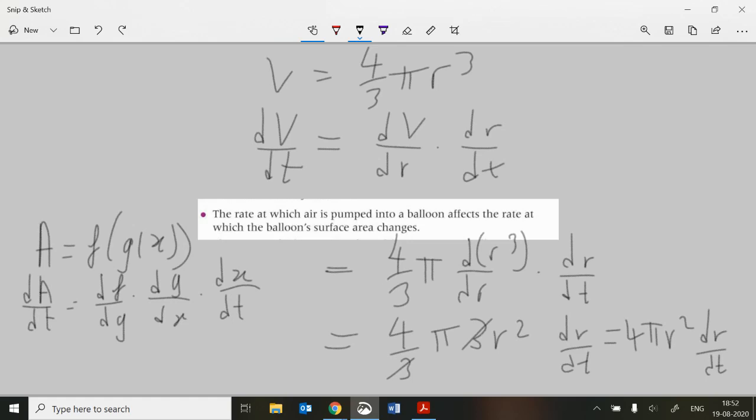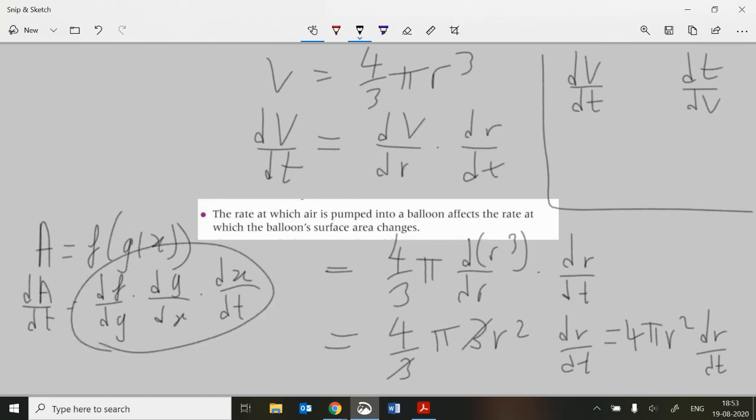Another little point, which the book doesn't mention but might be useful at some point for you, is that if you want to know what dV/dt is, and you've got, in fact, dt/dV somewhere or other, because you've used strings of chain rule, then you're allowed to use the fact that 1 divided by dt/dV is going to give you dV/dt.